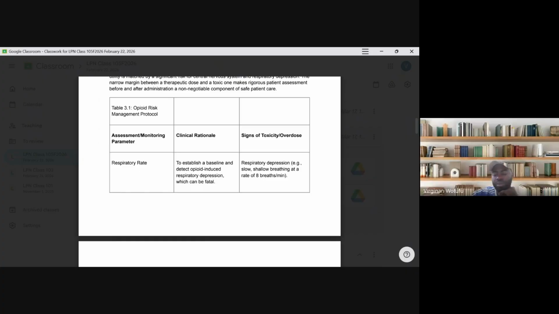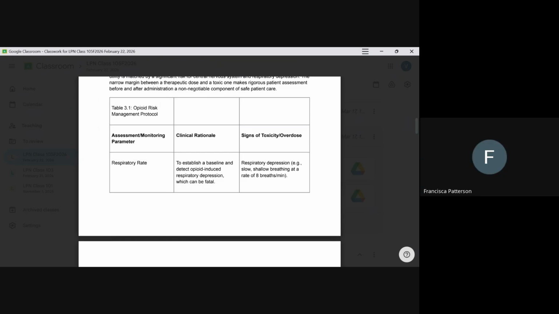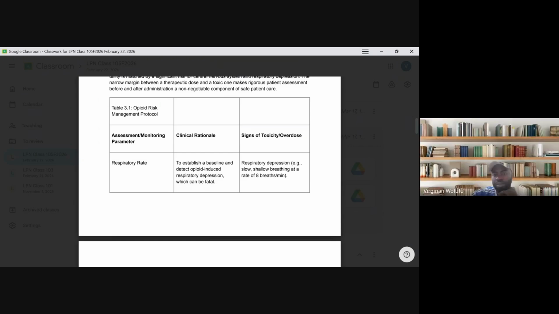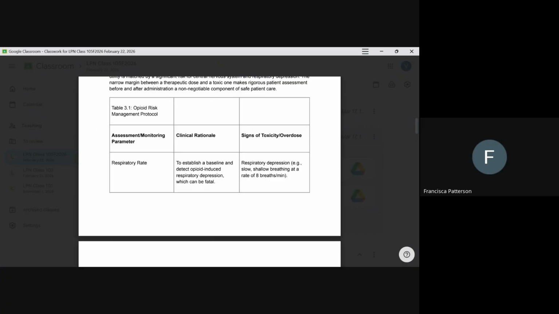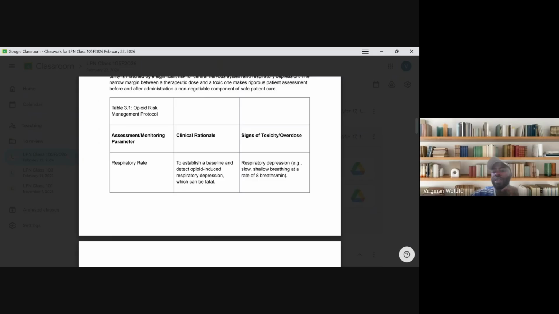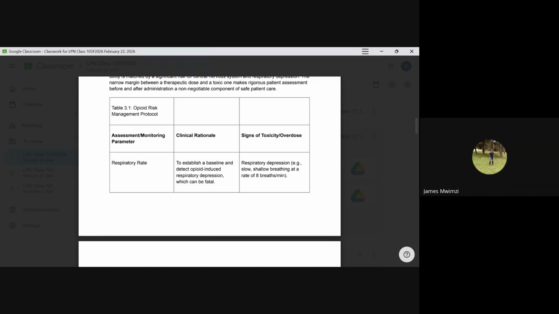Can someone help us with the side effects and toxic effects of opioid analgesics? I mentioned respiratory depression, please. Okay, so is that a side effect or a toxic effect? I think it's a side effect.